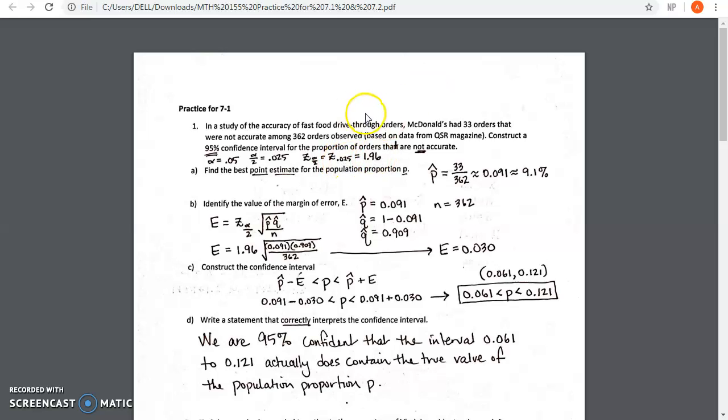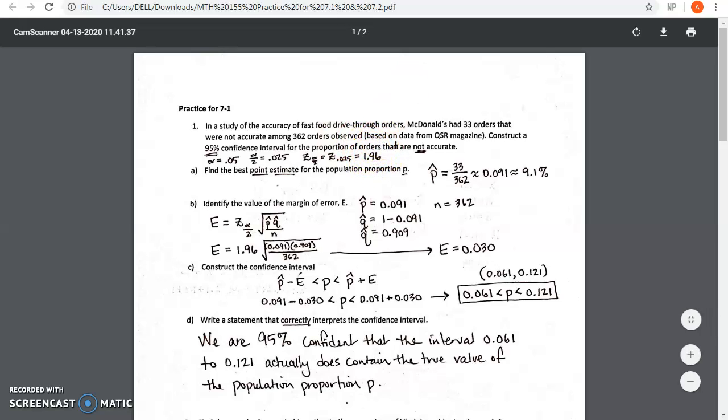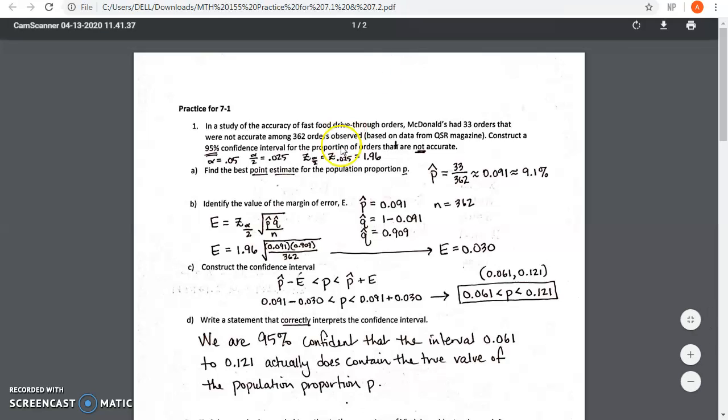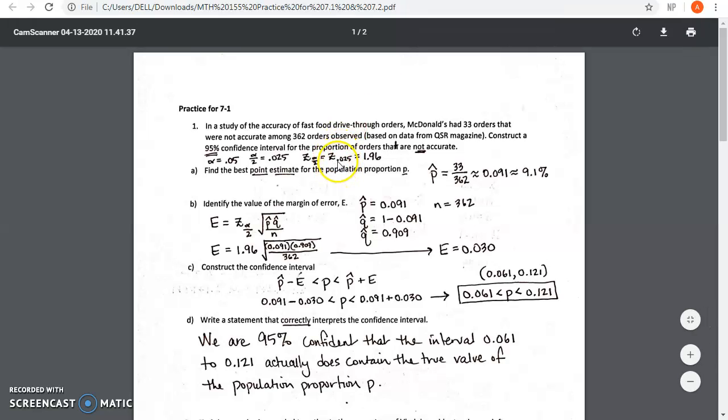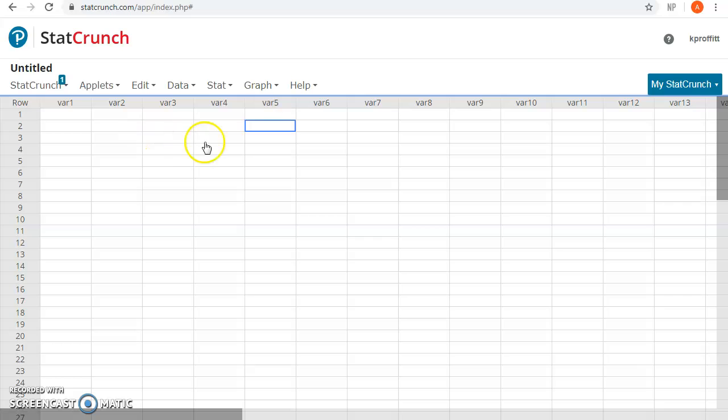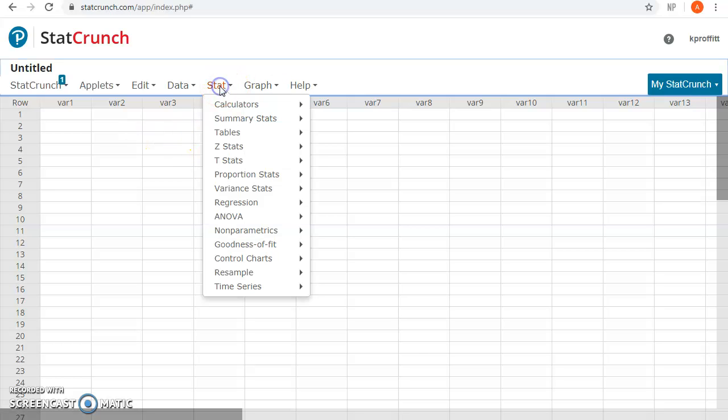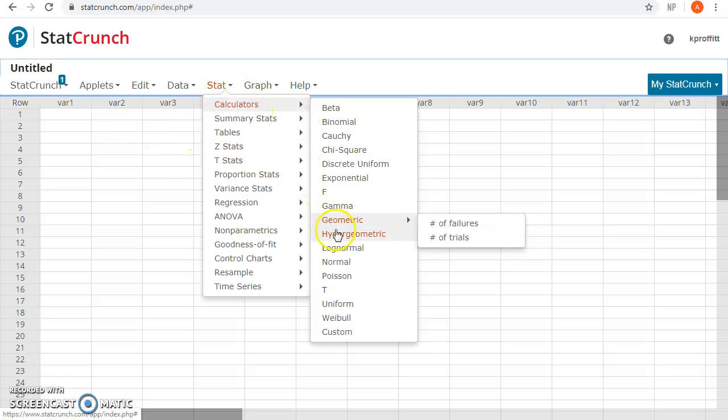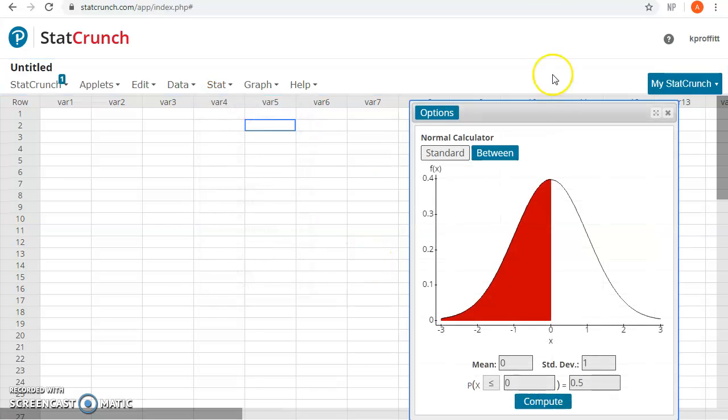I can take you to StatCrunch to show you where that critical value comes from. You're looking for the Z-score with 0.025 or 2.5% of the area on the right-hand side of that Z-score. Just like we did in the last unit, you would go to calculators, then normal.